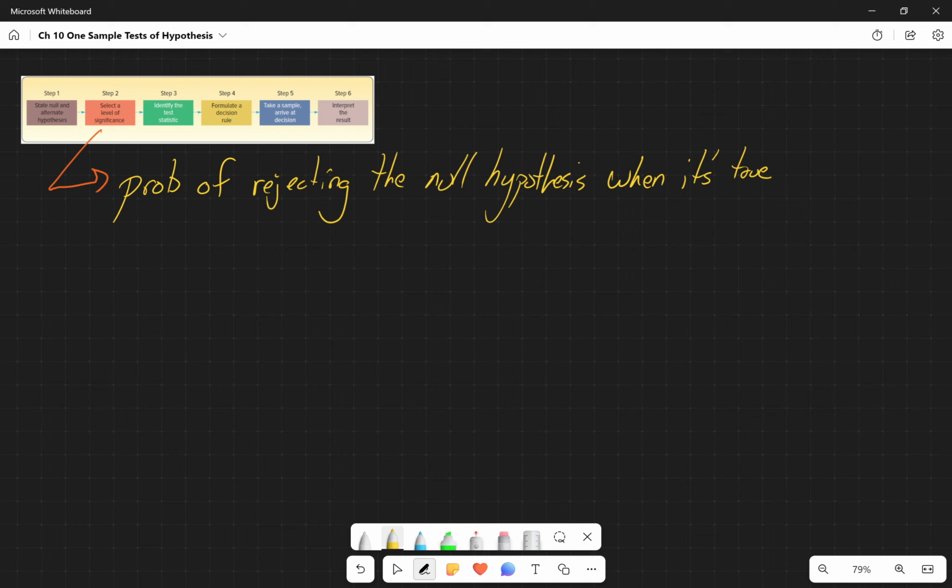So there's always going to be some probability that we reject the null hypothesis when actually it is true.